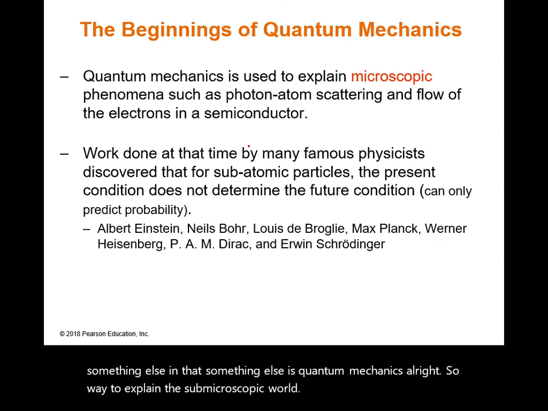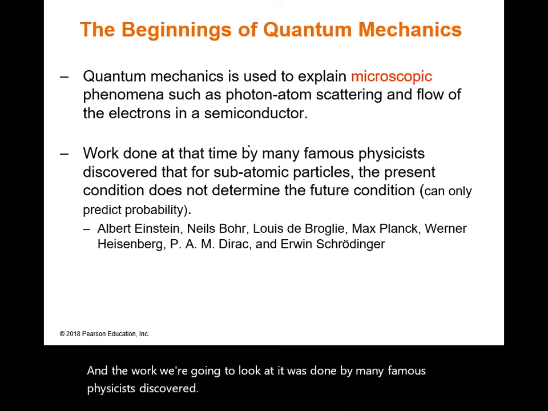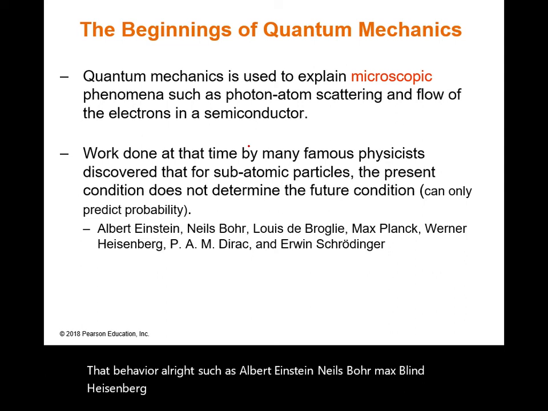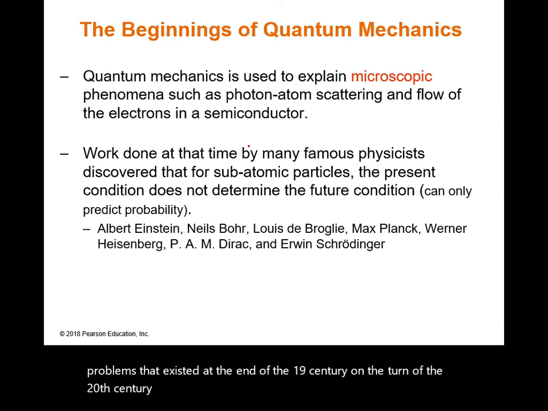And the work we're going to look at was done by many famous physicists that discovered that behavior, such as Albert Einstein, Niels Bohr, Max Planck, Heisenberg, Schrodinger, and so on and so forth. In order for us to understand this, first I'm going to take you through some of the problems that existed at the end of the 19th century and the turn of the 20th century and what led to the development of quantum mechanics.